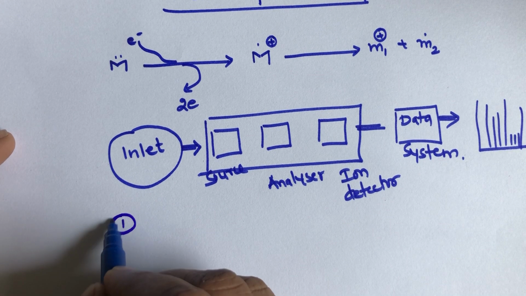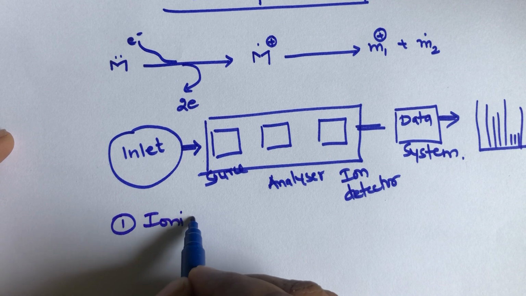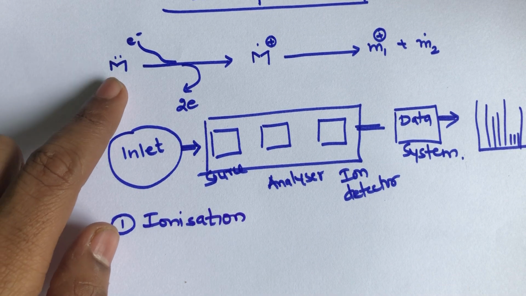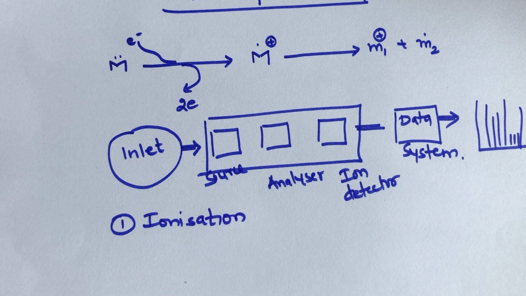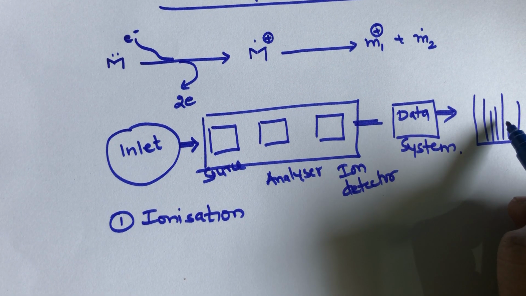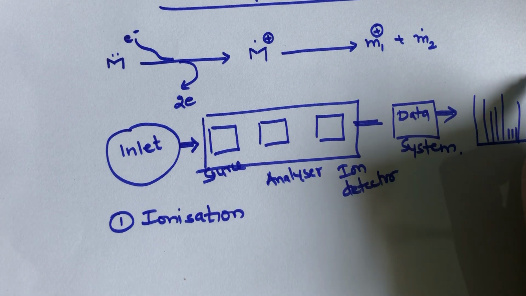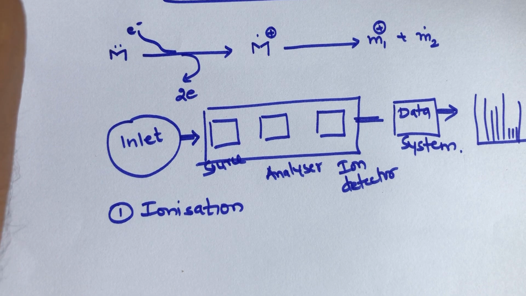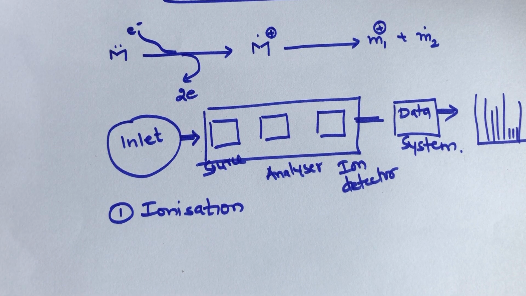First, ionization of the organic compound is done. The first and the most important step in obtaining the mass spectrum is to ionize the sample. The lines that you get are called the mass spectrum, based on their mass by charge ratio, the m by z ratio.